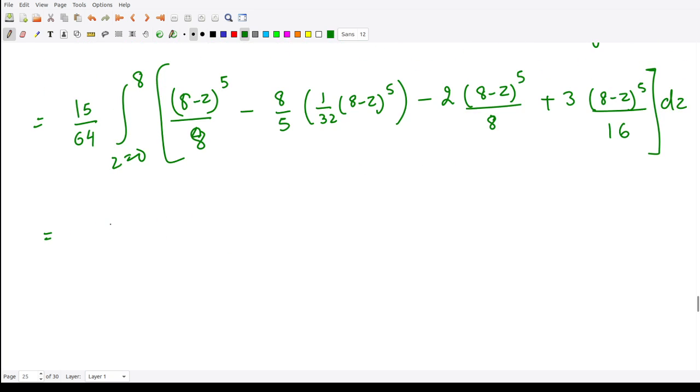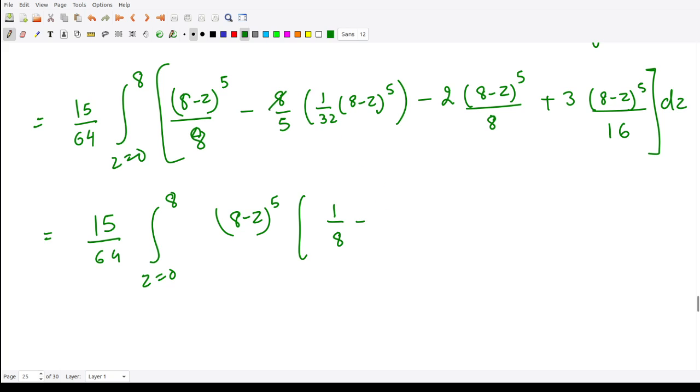So this would be equal to 15 upon 64, integration z varying from 0 to 8, and in every term we have (8 minus z) raised to power 5. So let's calculate the coefficients here.